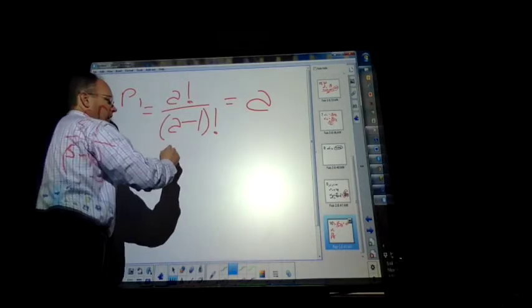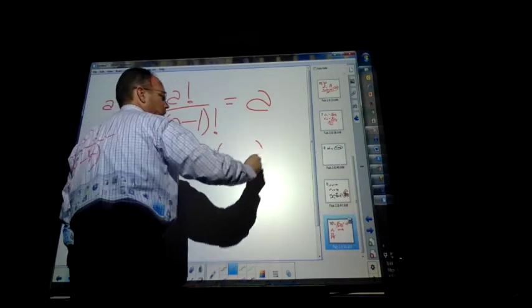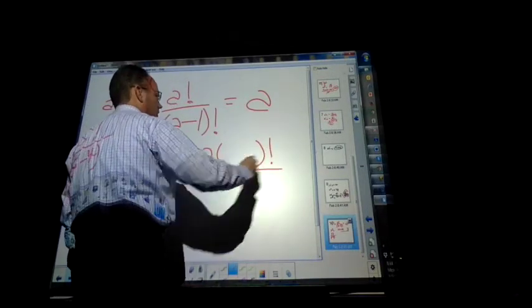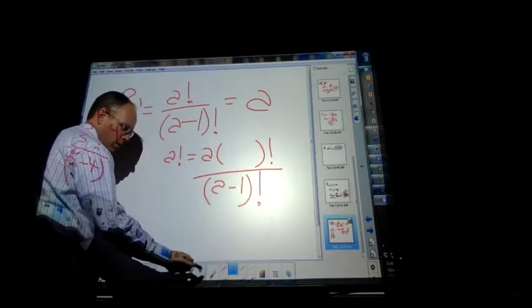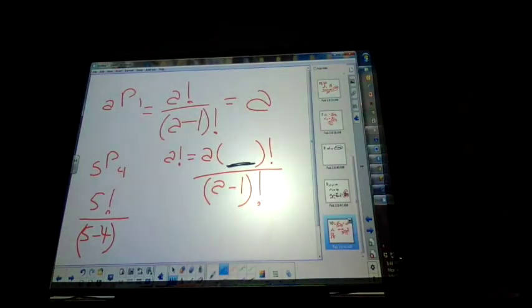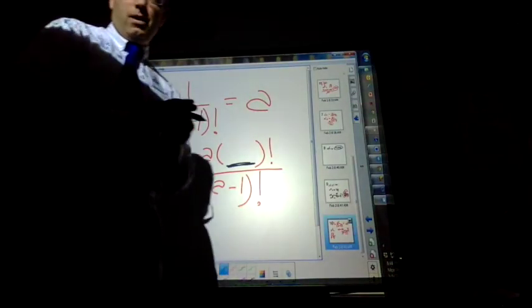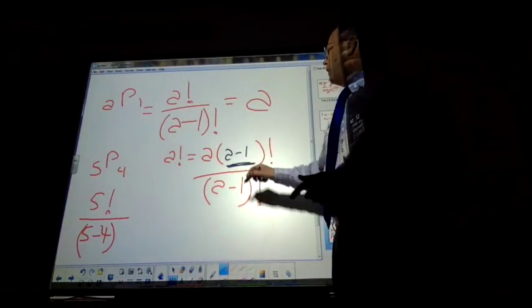So if I were to take a factorial, that's the same thing as a times something factorial over a minus 1 factorial. What is going to go right here? And how do you know? Why? You're absolutely right, but why? Why is this a minus 1 by definition?